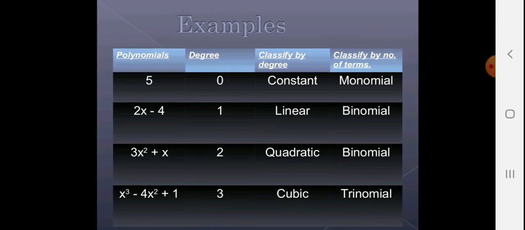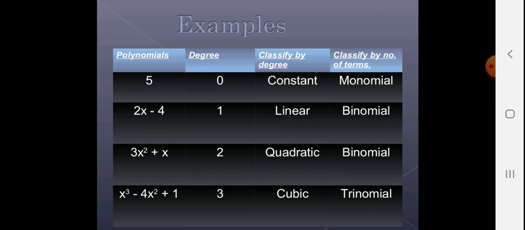Let's see some examples. Now polynomial, first example is 5, degree is 0, classify by its degree, that is constant, classify by the number of terms, that is monomial. Second example, 2x minus 4, degree is 1, the type of expression is linear and terms are binomial.